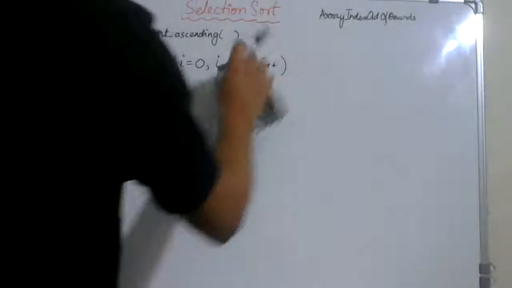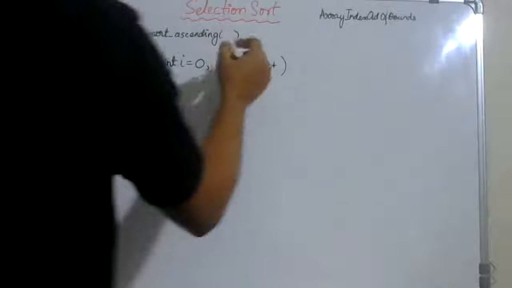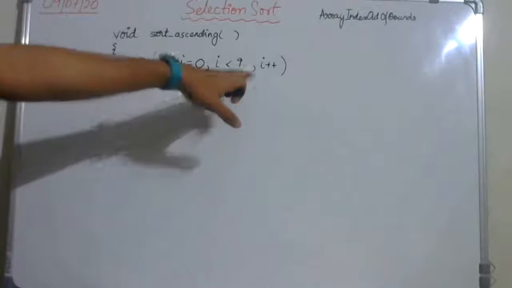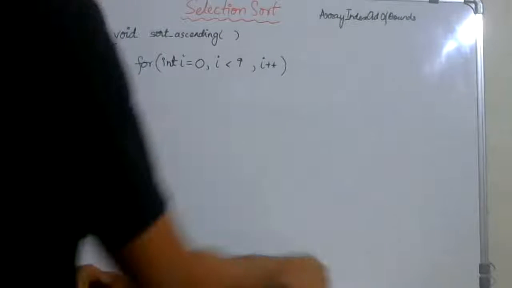So instead of 10, I'll have 1 less than the size of the array, 9. So I is less than 9. Since the size of the array is 10, the value will be 1 less than the size of the array.